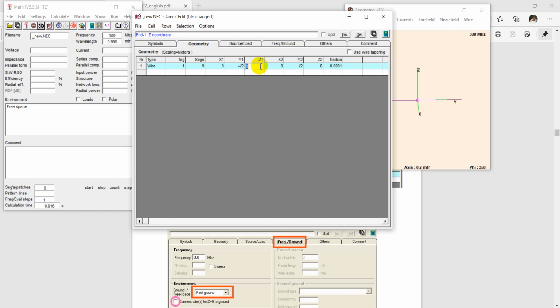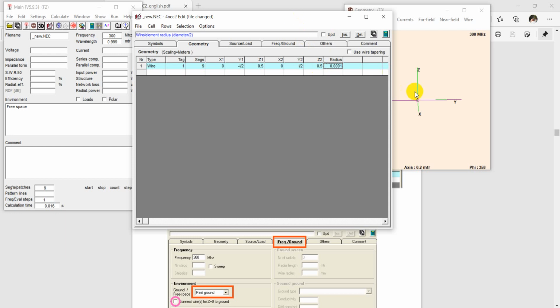So if we put a value of 0.5 meter, then you have to put this value, 0.5 meter. It means the antenna is 0.5 meter over the ground, and it is not over the ground as in the previous session.